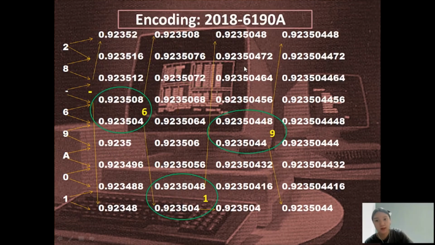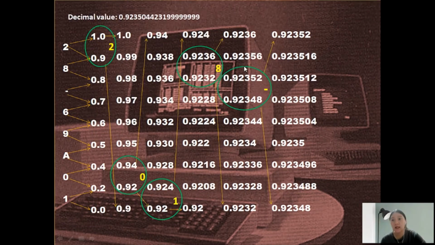For decoding, or for checking the values, it is very easy. We're just going to look at where this value is. Obviously 0.9235 is between this range, which is equivalent to number 2.